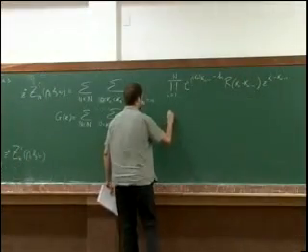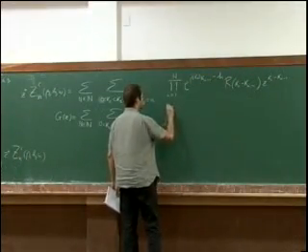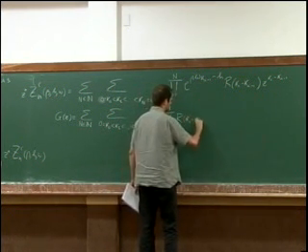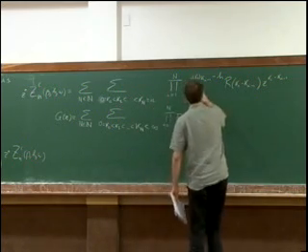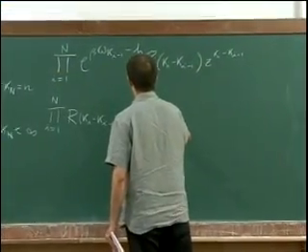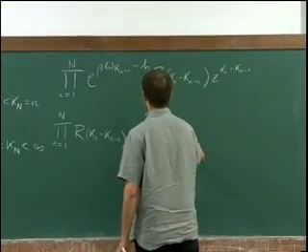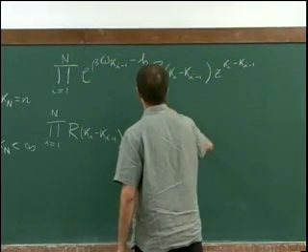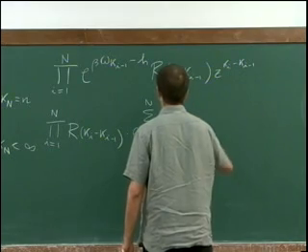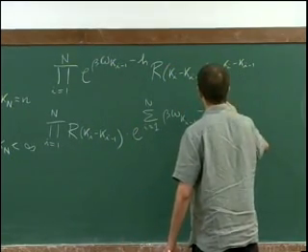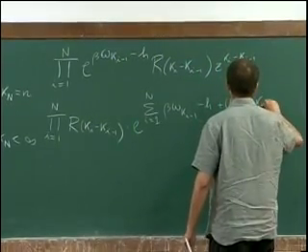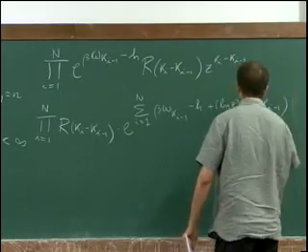And then, I slightly modify this. I put r of k_i minus k_{i-1}. And then I prefer to write this as the exponential of the sum for i equal 1 to N of beta omega_{k_{i-1}} minus h plus log z times k_i minus k_{i-1}.